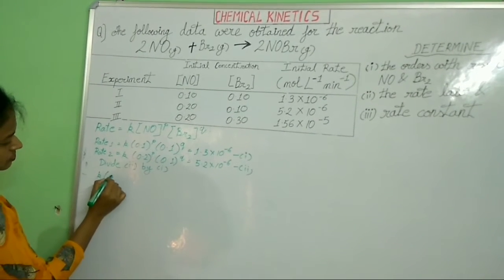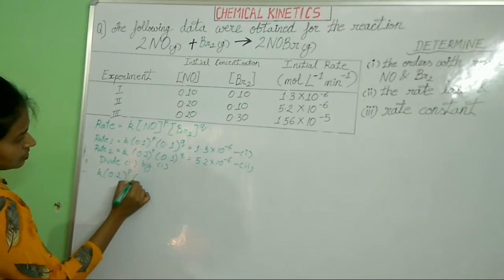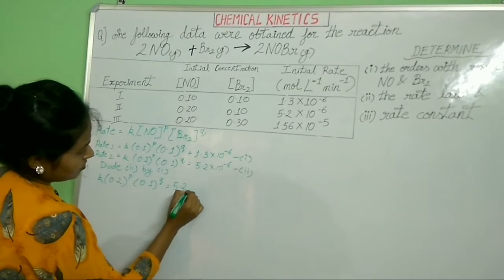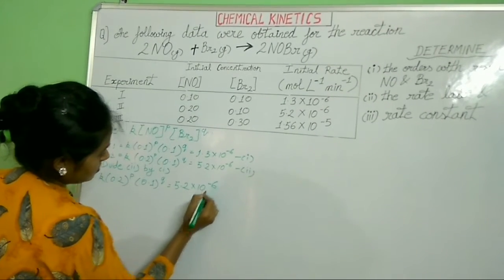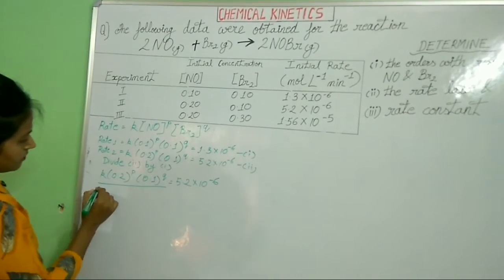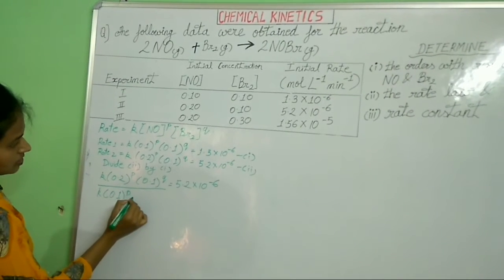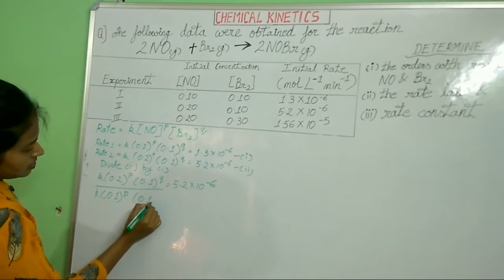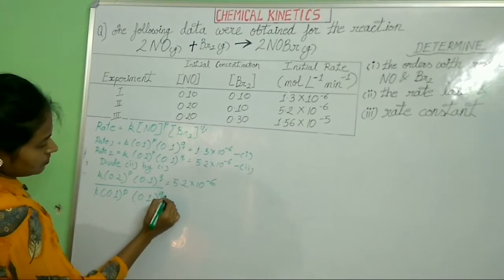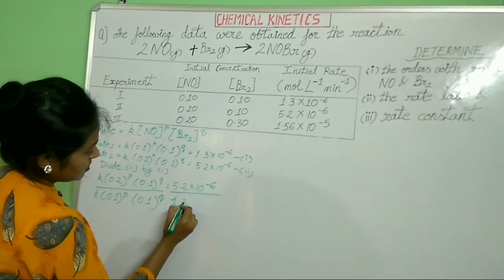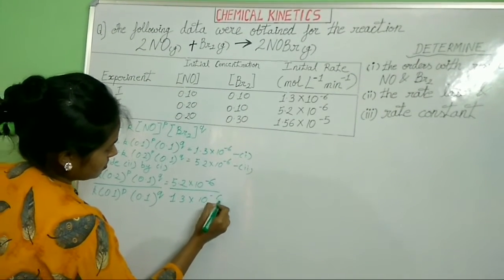So rate: K[0.2]^P[0.1]^Q equal to 5.2 into 10 to the power minus 6, divided by K[0.1]^P[0.1]^Q, divided by 1.3 into 10 to the power minus 6.